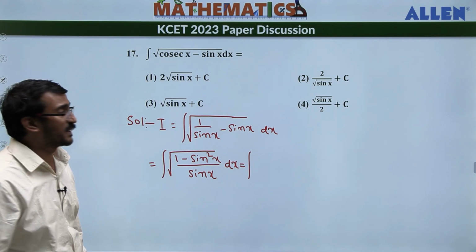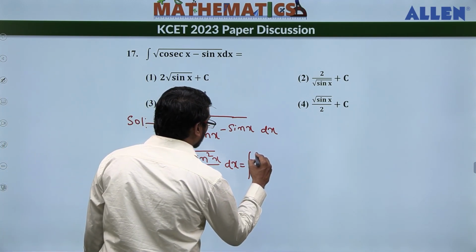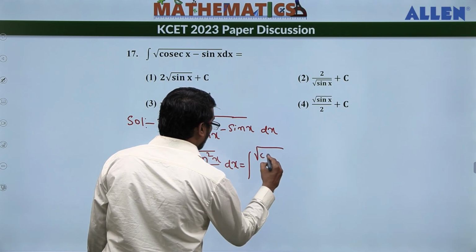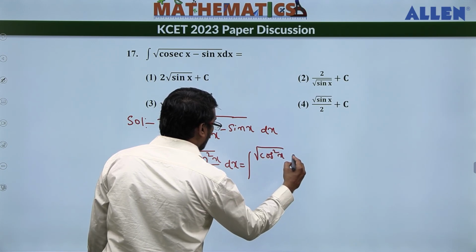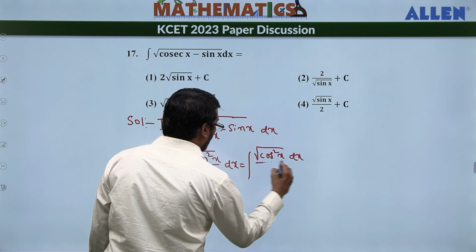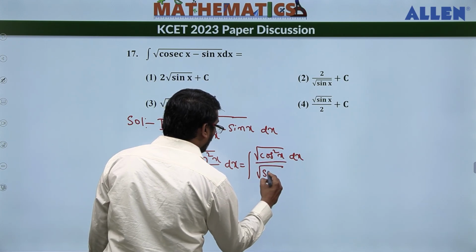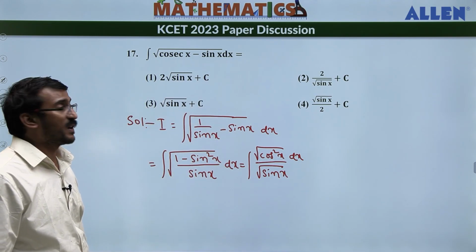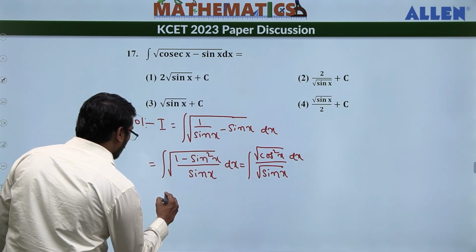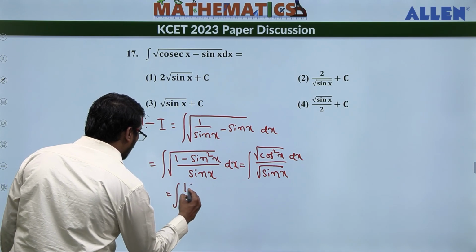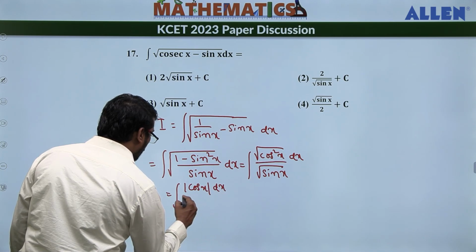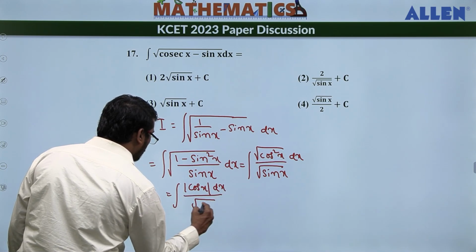Root of 1 minus sin square x is root of cos square x, which is mod cos x, by root sin x.